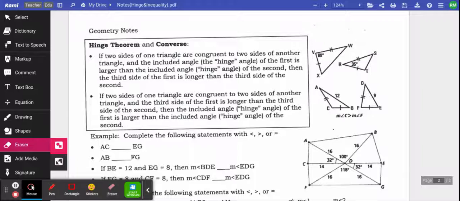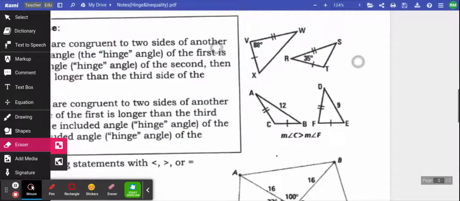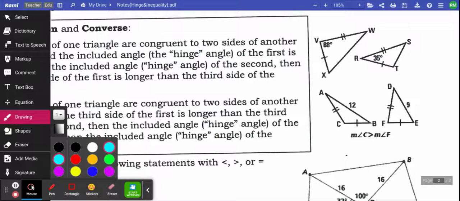It's similar to what we just did on the front, not exact. All it is saying is, for this example, this angle right here is 88 degrees, and the side length across from it is XW.